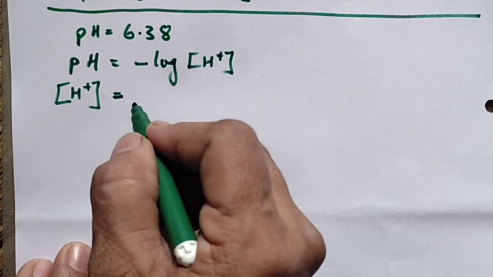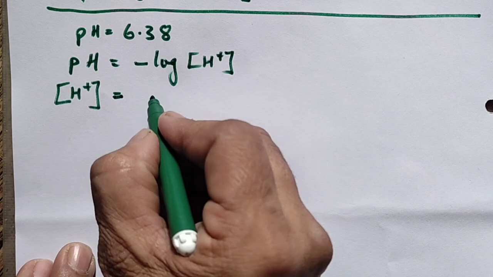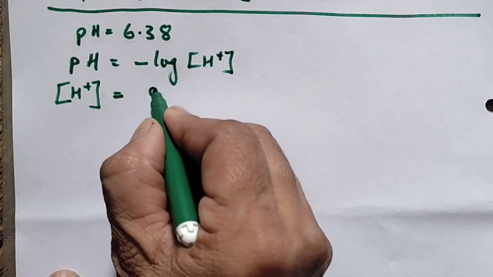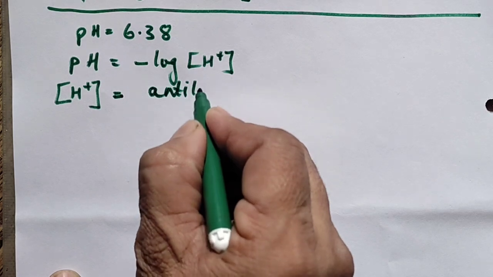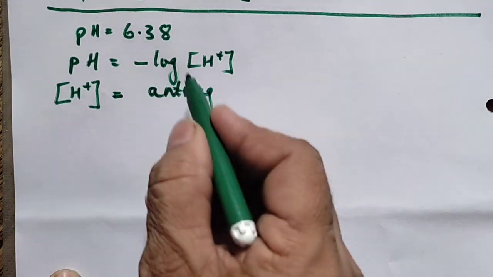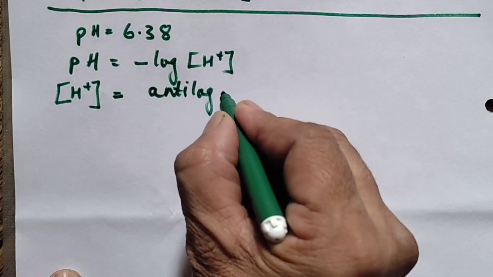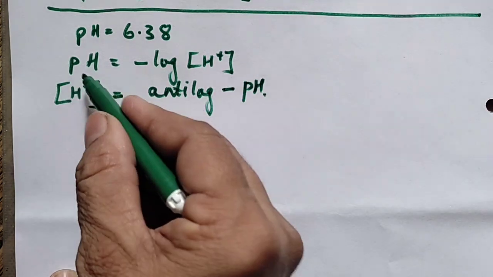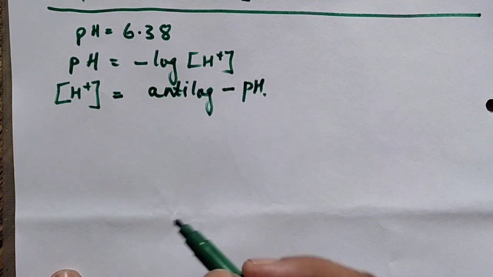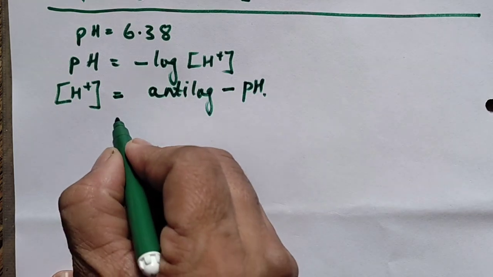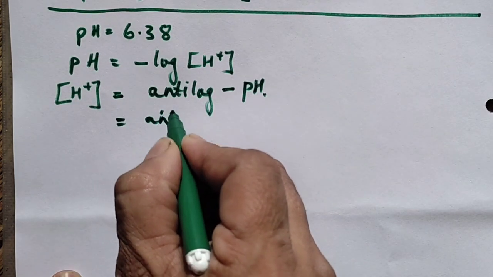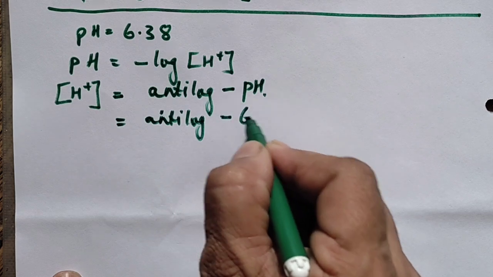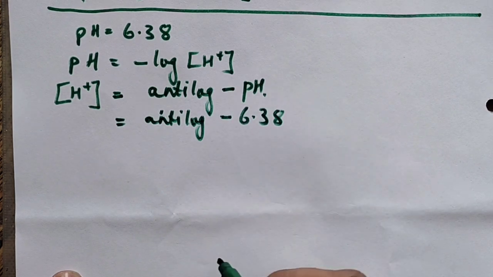So hydrogen ion concentration will be equal to anti-log of minus that pH value, because this minus I am taking to the other side. Now let me put the values. It will be anti-log of minus 6.38.